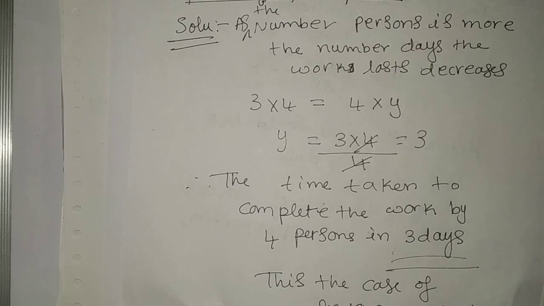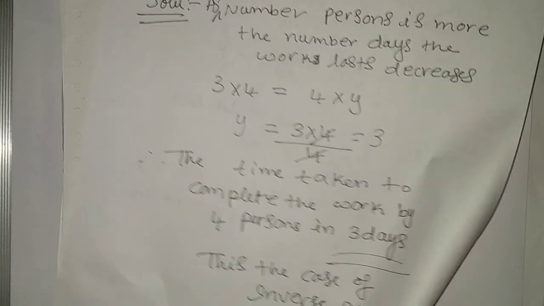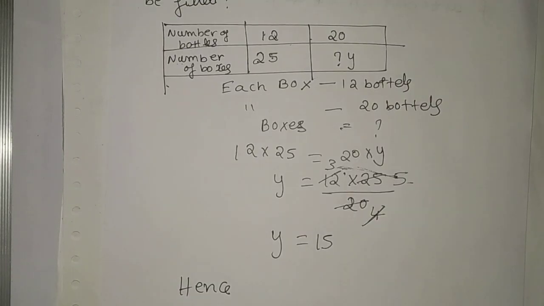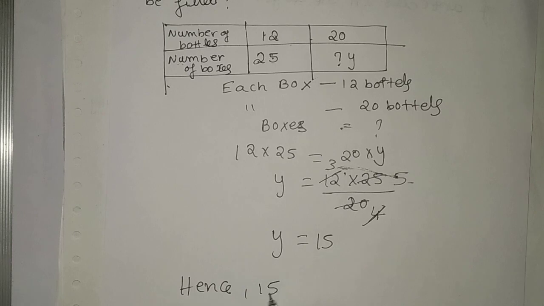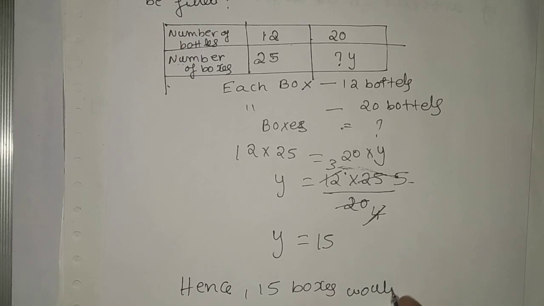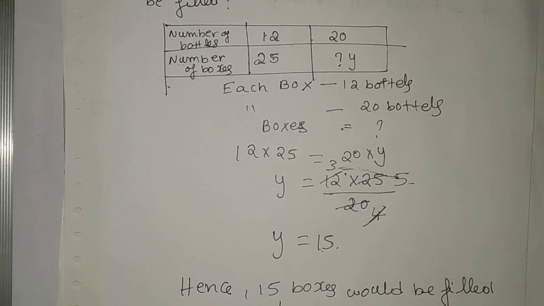So this one also ends. Then 15 boxes would be filled. That's all. So the number of boxes, each box will have 20 bottles.